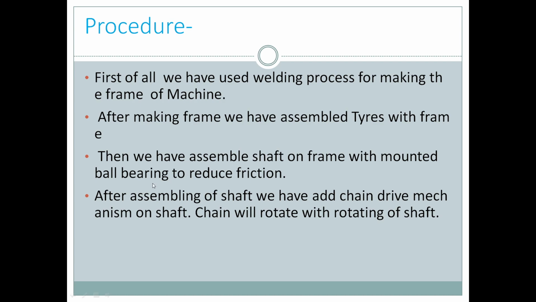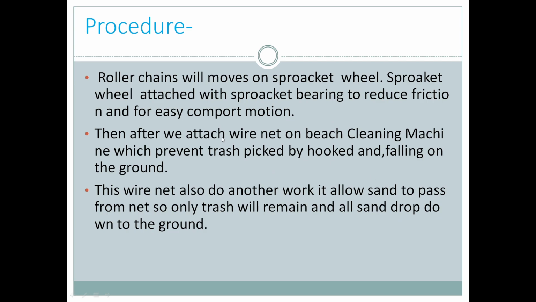Now my next procedure is, after assembling the shaft, we added a chain drive mechanism on the shaft. The chain will rotate with the rotating shaft. So my next procedure, the roller chain will move on the sprocket wheel attached with sprocket bearing to reduce friction and for easy, comfortable motion.